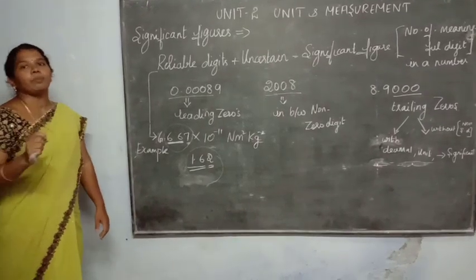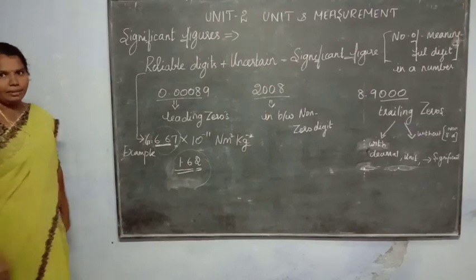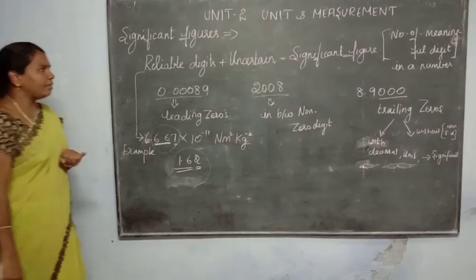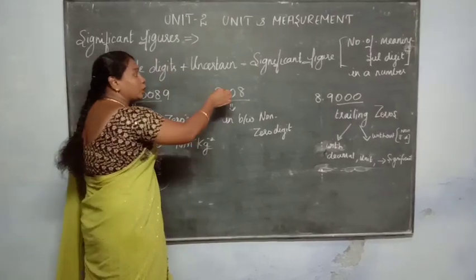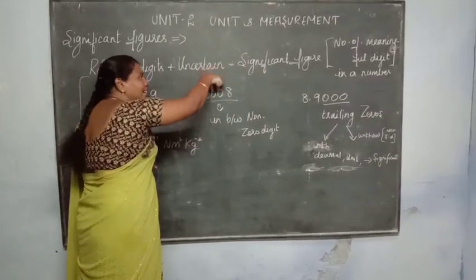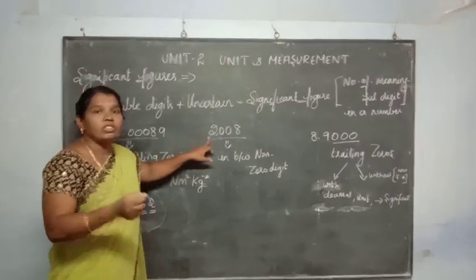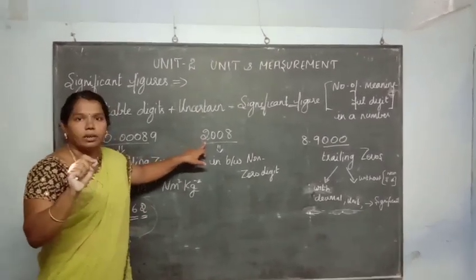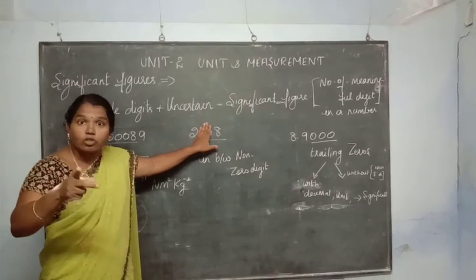Now I am going to explain some of the rules to be followed for the significant digits. See, first one: 2008. Here the zeros lie inside, between two non-zero values. So you can't ignore the zeros and say this is 28, because the value would change.